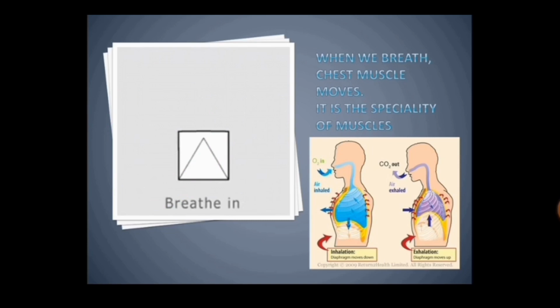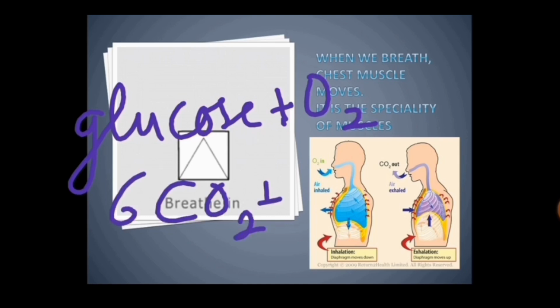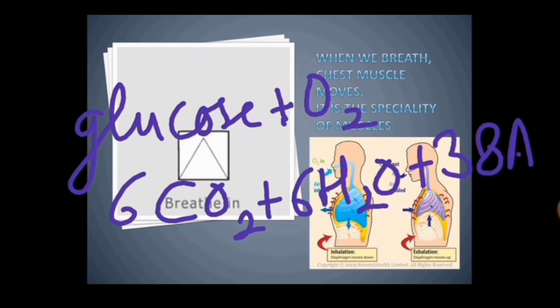Now how does it generate energy? Children, what happens? It has glucose, right? And when glucose reacts with oxygen, it gives carbon dioxide, it gives water, and it also gives 38 molecules of ATP.